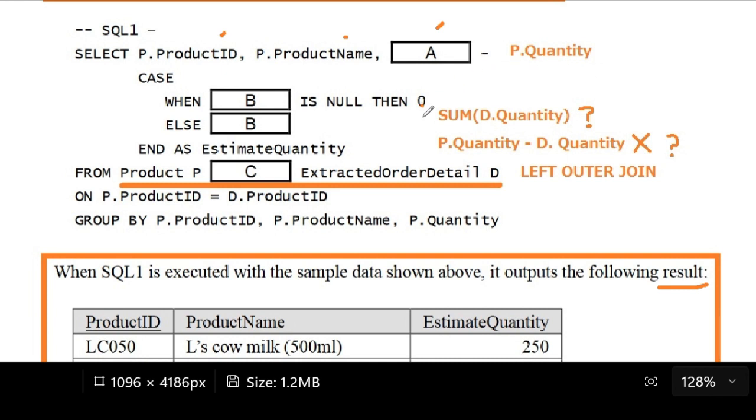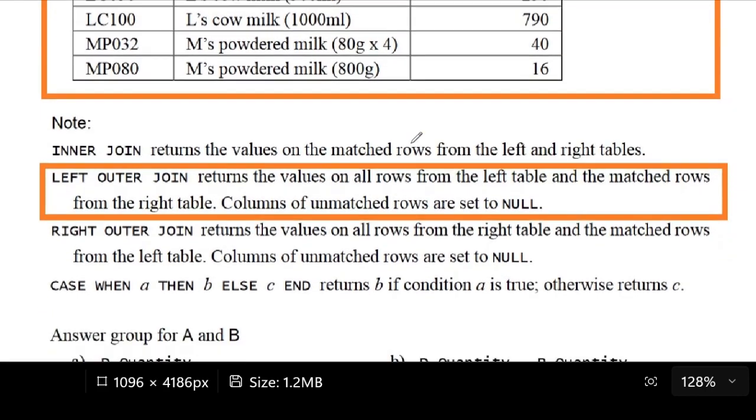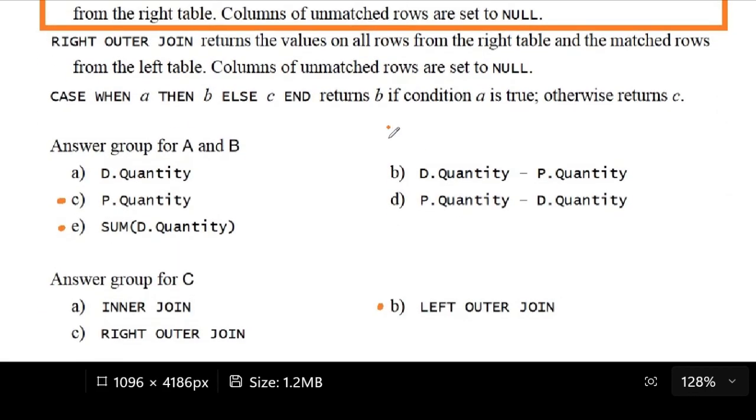Just to make sure, let's look at the choices. Here for answer groups A and B, we don't have the estimate quantity at all, but we do have the quantity there, except that we also have a D dot quantity. Although in this case we have to stick with the P quantity.